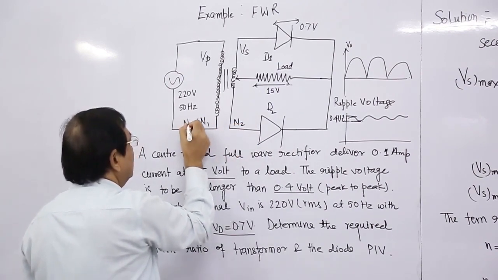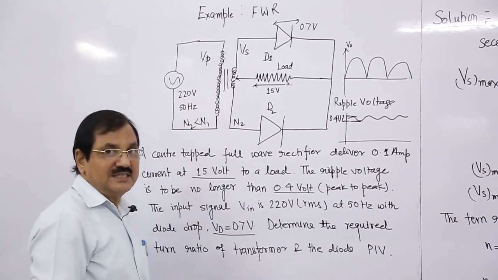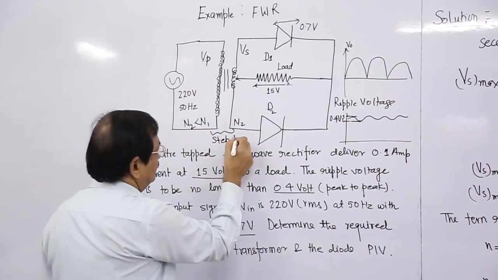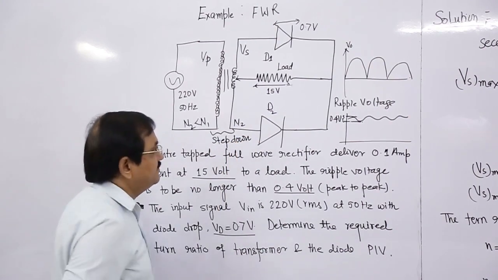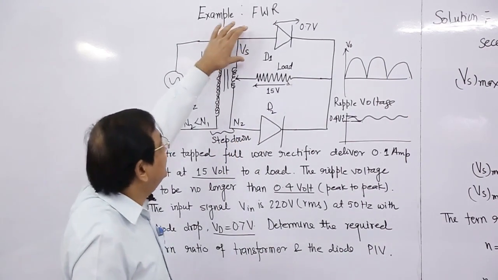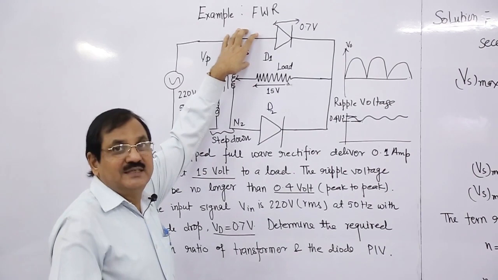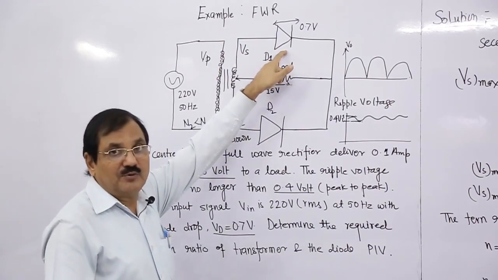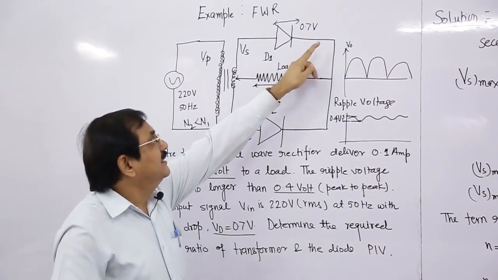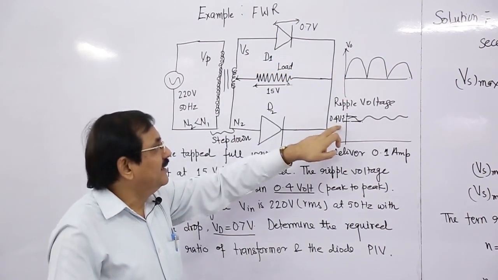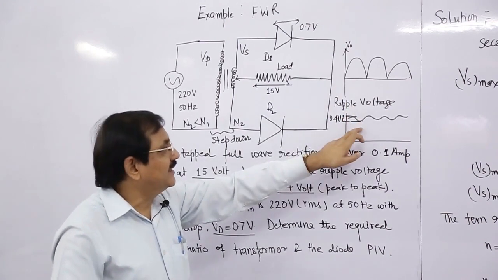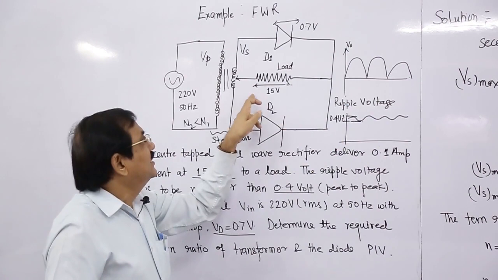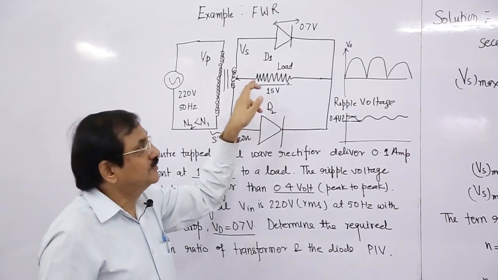N1 is greater than N2 because this is a step down transformer. So this VS secondary voltage is being distributed. First there is a drop at the diode, 0.7 volt, then the ripple output voltage, and this ripple is 0.4 volt, and then the load drop is 15 volt.